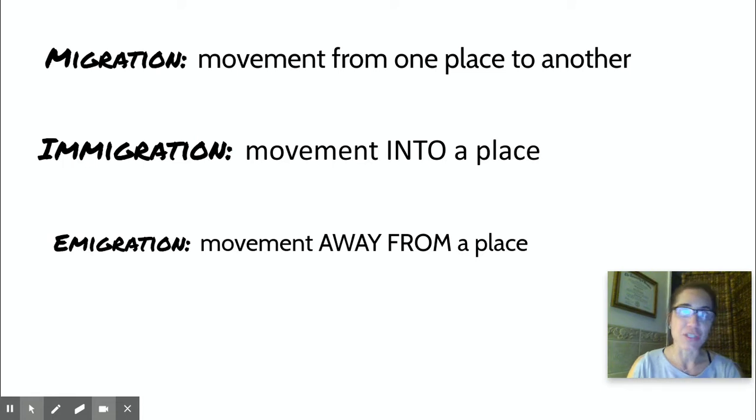The word immigration specifically refers to the movement of people into your country. So if you're talking about immigrants, you're referring to the people that have come from another country and they live in your country. Emigration is the opposite. So when you emigrate, you have left the country. So when we refer to anybody who is emigrating from our country, they are leaving and moving to another country.